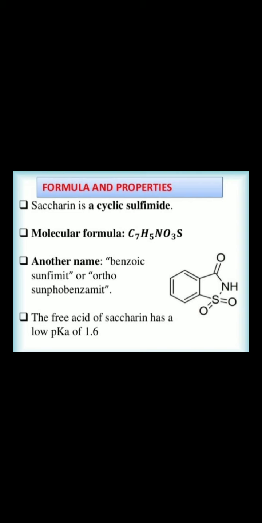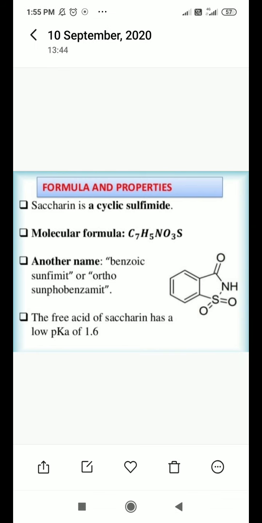Then N from NH, one nitrogen atom. O3: one is from the carbonyl group, the other oxygens are from the sulfur group. And one sulfur atom, that is S. So it is C7H5NO3S.